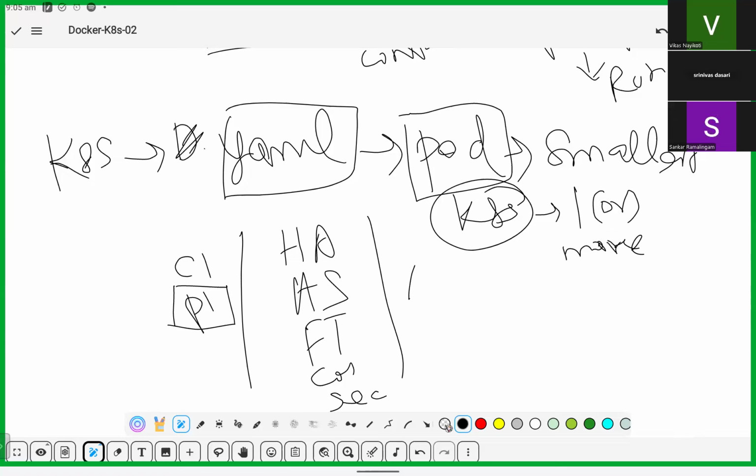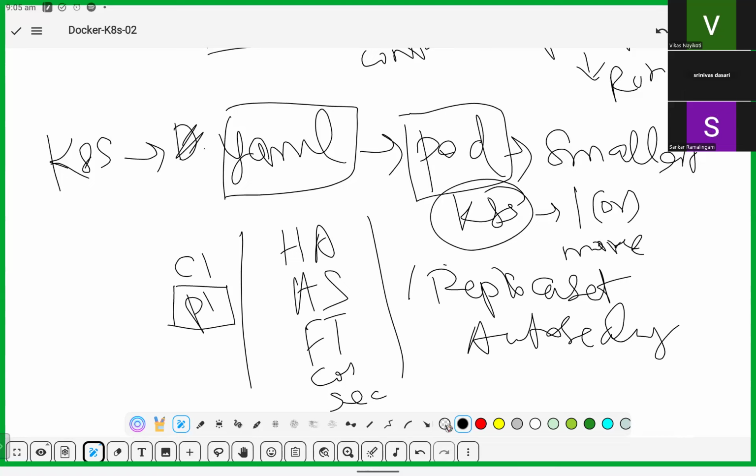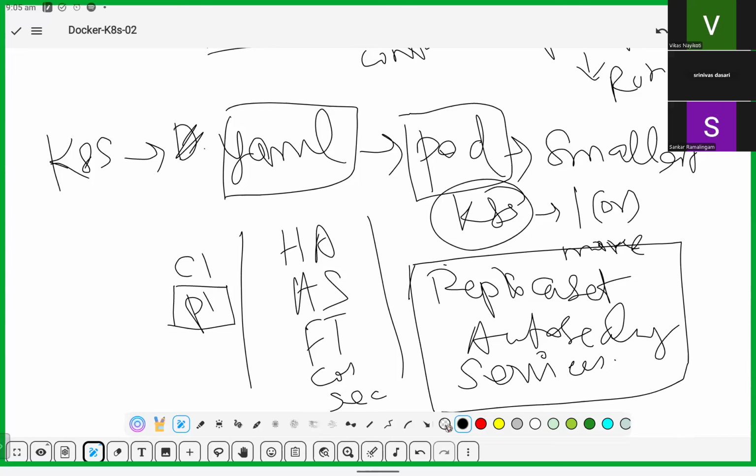Autoscaling, and you also set the replica set, which is nothing but a replica set. For accessing, we call it services. We'll talk more about what is inside Kubernetes tomorrow, because you can go ahead and stop the recording for now.